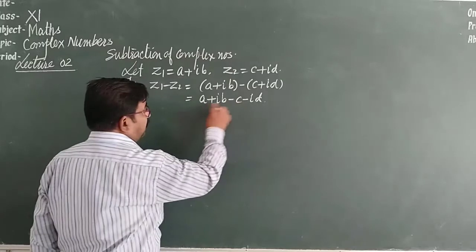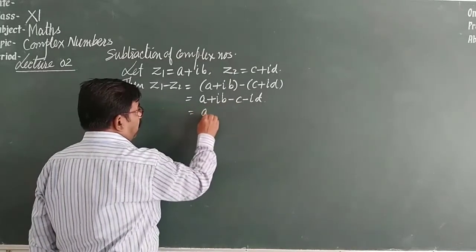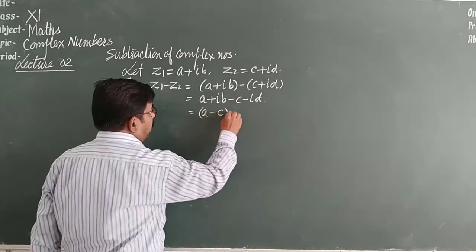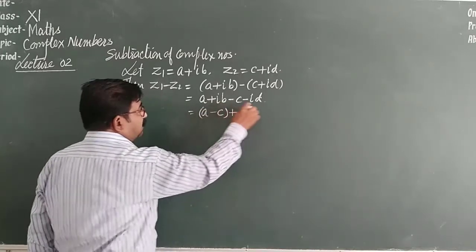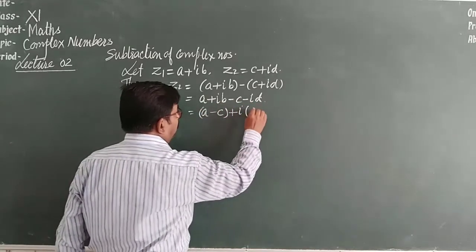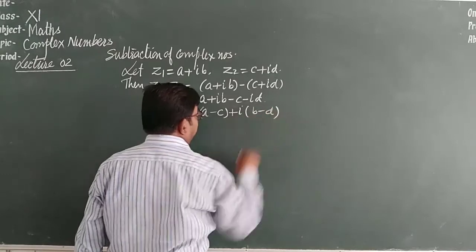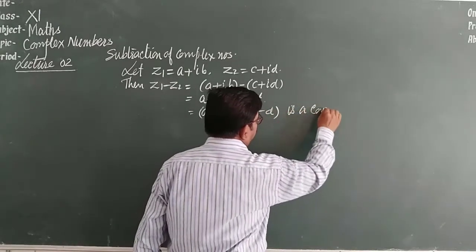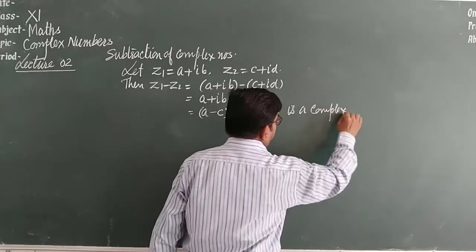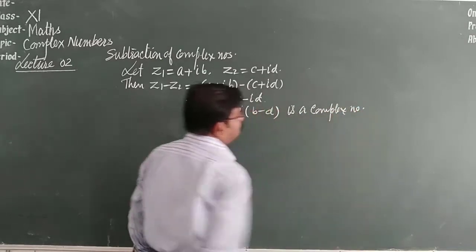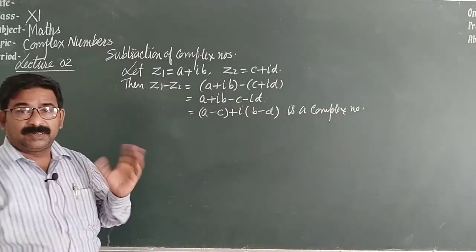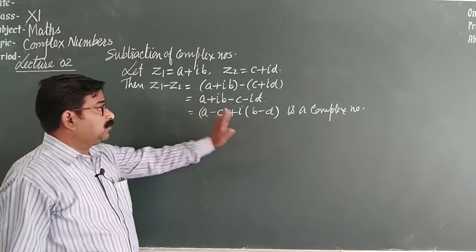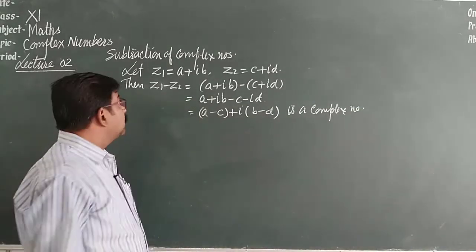Here a and c are real, so a minus c together plus i is common from these two, so we have b minus d, a complex number. Means sum of two complex numbers is a complex number, difference of two complex numbers is a complex number.